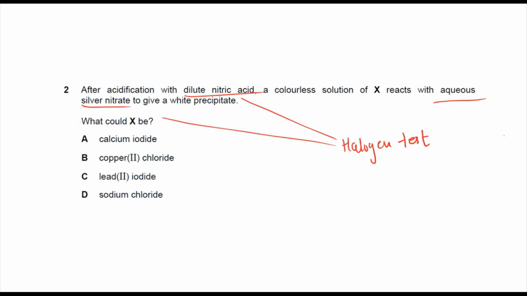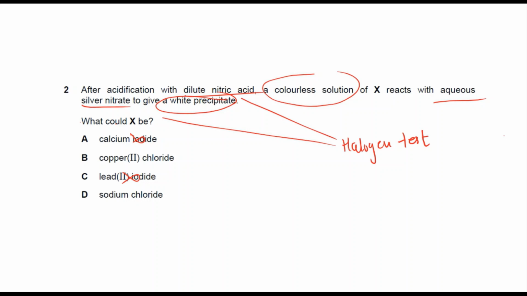So my main concern right now is the halogen, not the cation. It says a white precipitate. Iodide gives a yellow precipitate whereas chloride ions give a white precipitate, and just to add it here, bromide gives cream precipitates. So therefore it is either B or D.